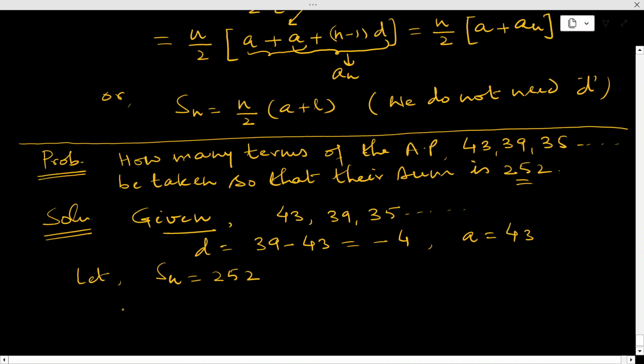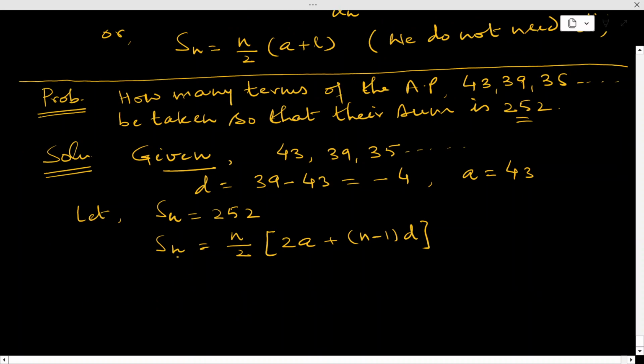Now we are using the formula of Sn, which is n by 2 times (2a plus (n minus 1) times d).